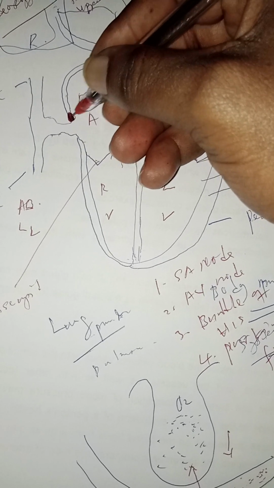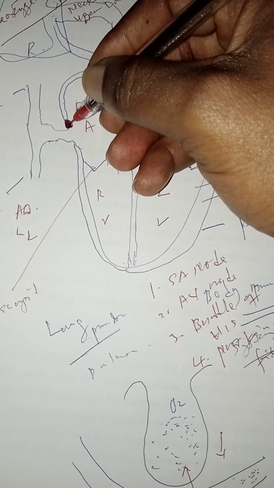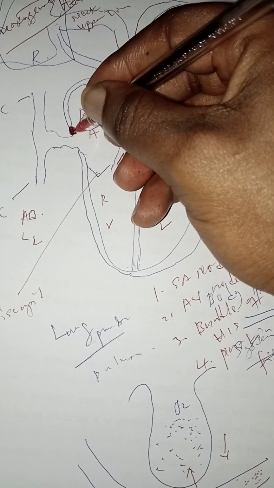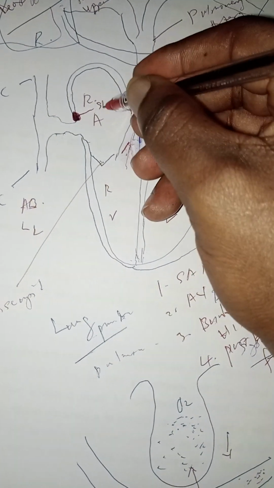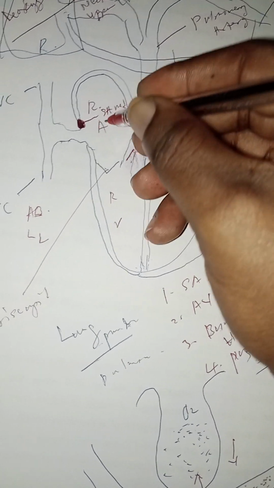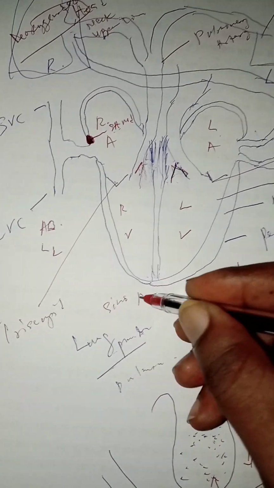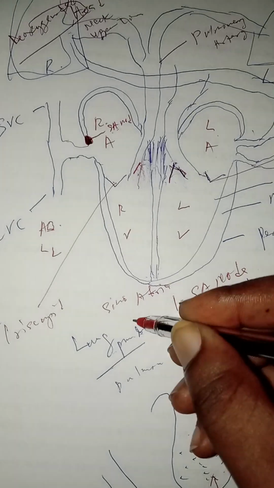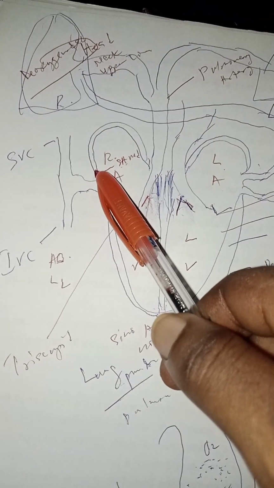It is found at the entry of the superior vena cava and the inferior vena cava. What is SA? SA is known as the sinoatrial node.